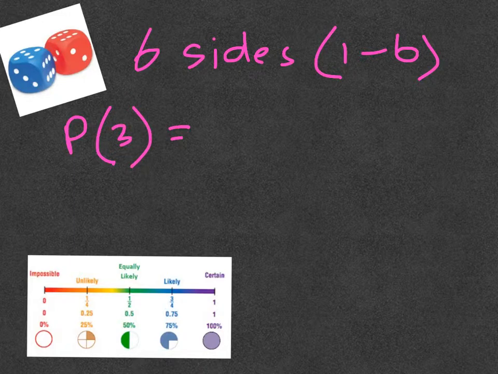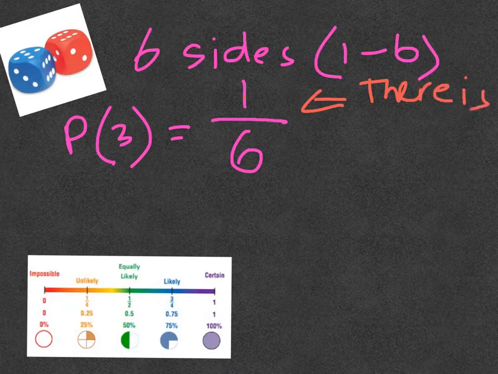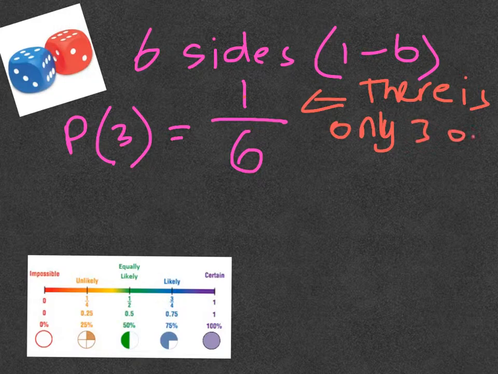There's only one 3 on the die, so it's 1 over 6, because there's 6 sides. The top number is 1, because there is only one 3 on the die.